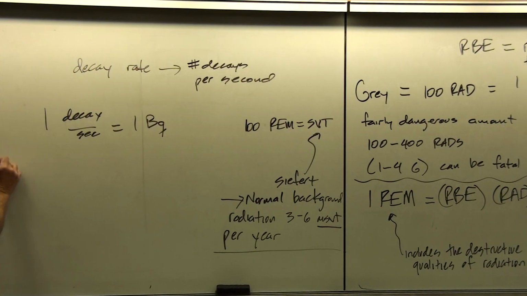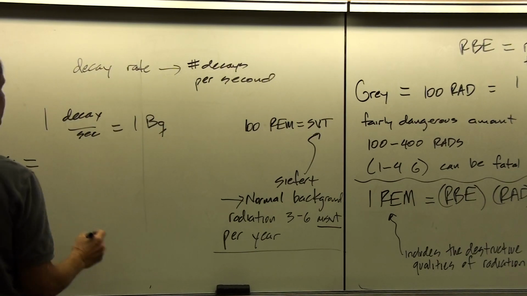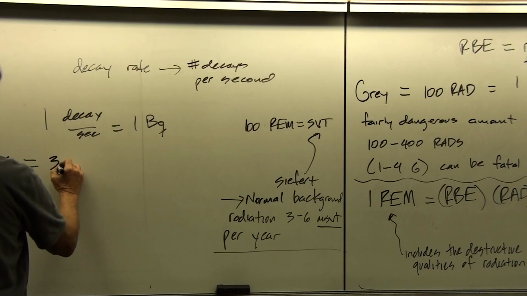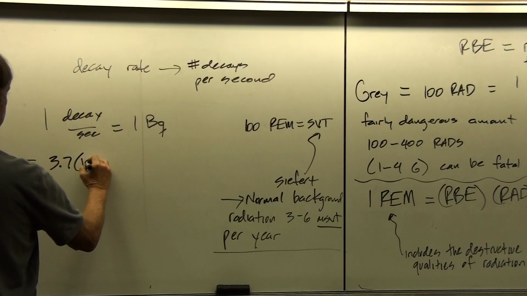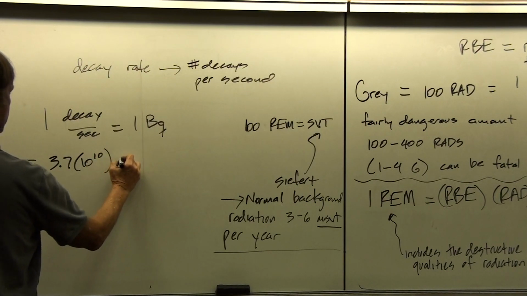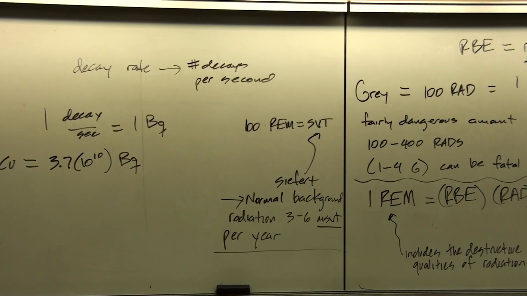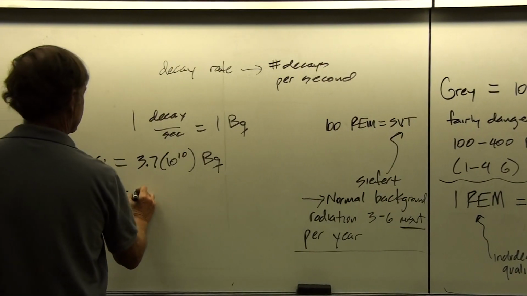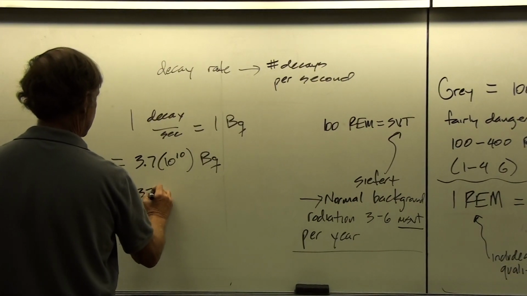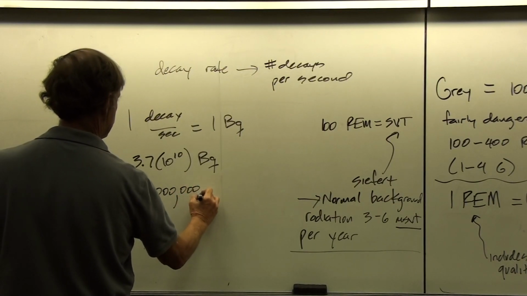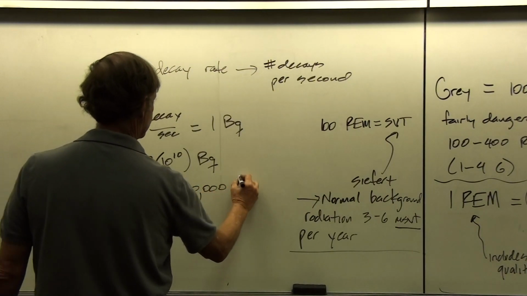And 1 Curie worth of radiation is 37 billion becquerels. Or this is the same thing as 37 billion decays per second.